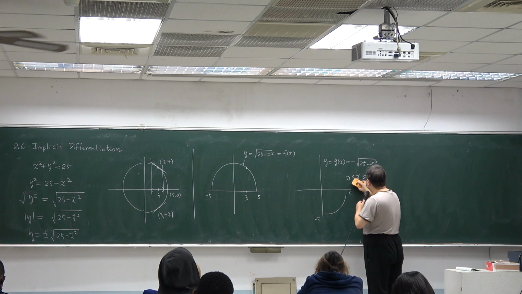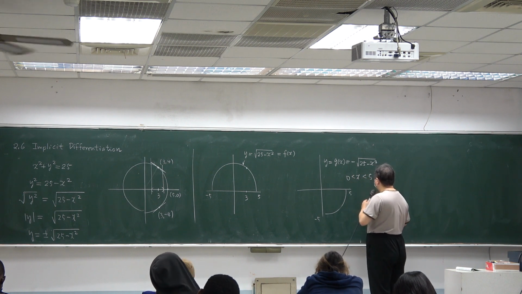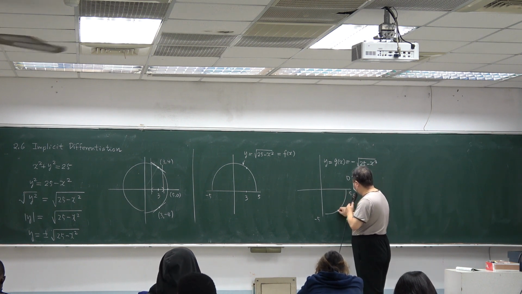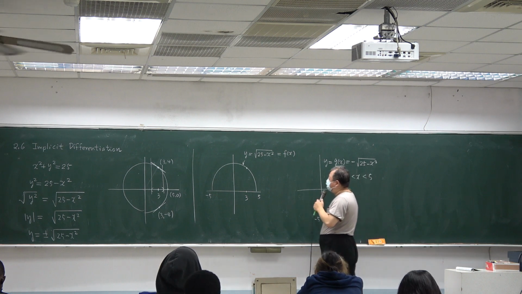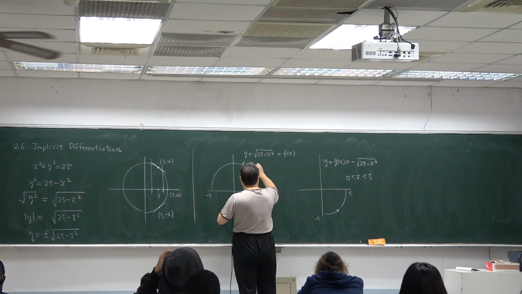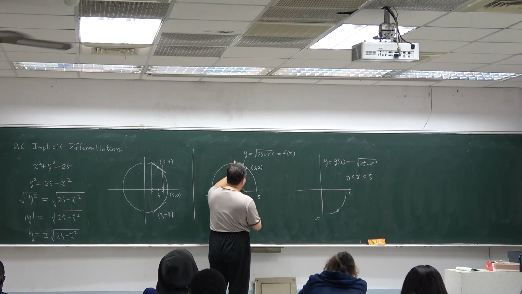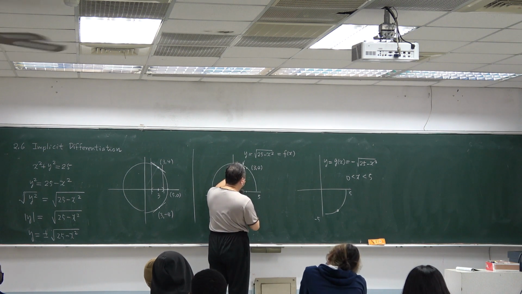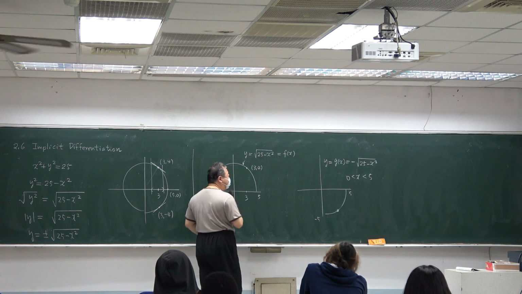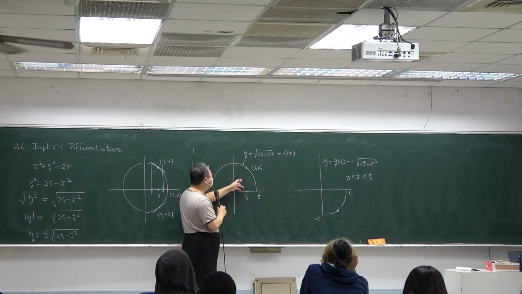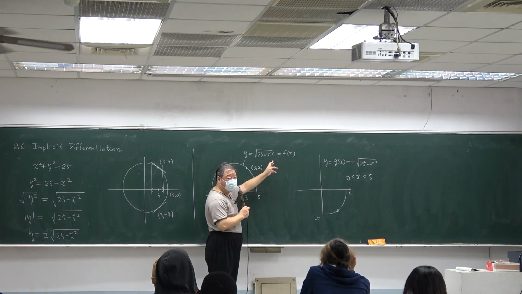Open interval. So, for the point 3, 4, the portion, in fact, this upper semicircle, is a graph of some function.